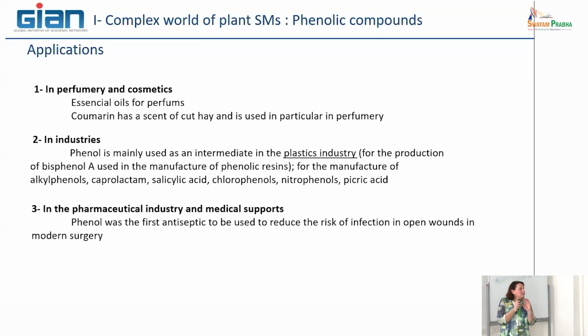The simple phenols are very important for the plastic industries because they enter into the composition of several plastics, including bisphenol A. You know, it is used for several plastic objects we use every day, and also in phenolic resin.